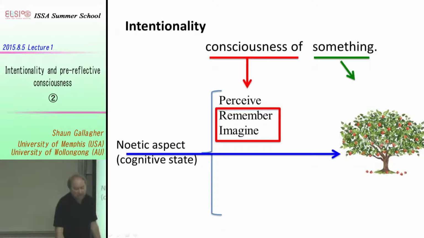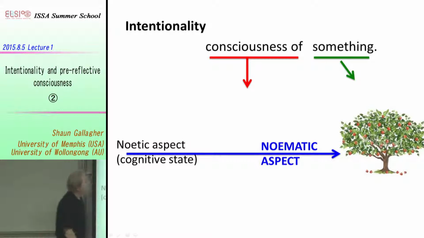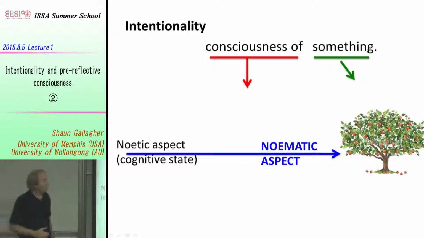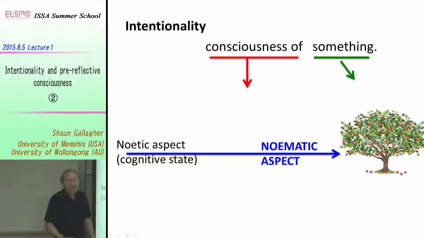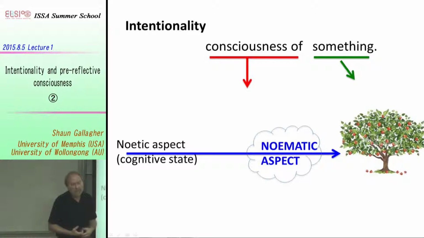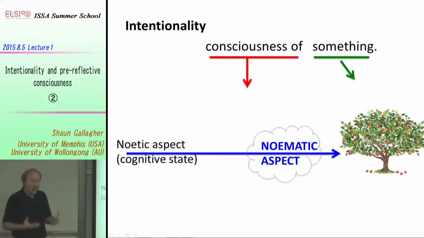Husserl, however, rejected that, and he proposed another Greek term. This is the term noema, which means the thing that is thought about, from the Greek. And so he called this the noematic aspect. So now the question is, what does that mean? What exactly is that? And this is where there is some debate within the phenomenological tradition, precisely how we should interpret the noema, or the noematic aspect of consciousness.